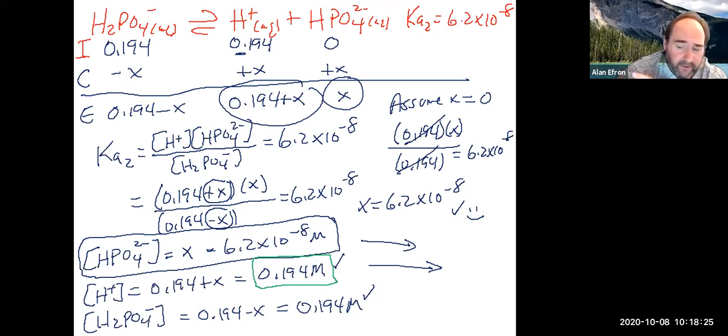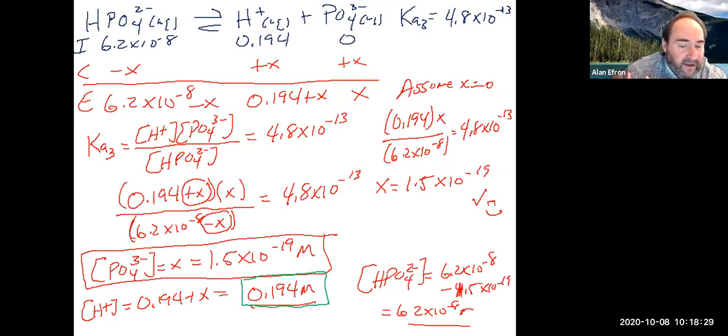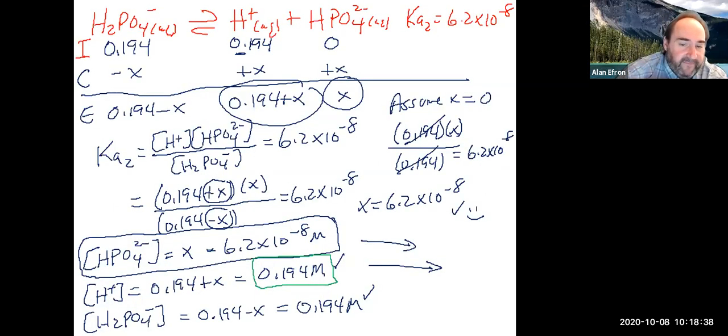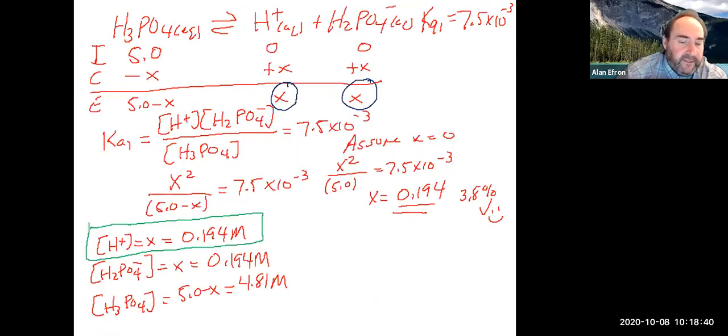Very, very small amount. Does some of it come off on the third step? It does, 1.5 times 10 to the minus 19. But for the most part, the concentration of H plus that comes off does result from that very first hydrogen that comes off of a polyprotic acid.